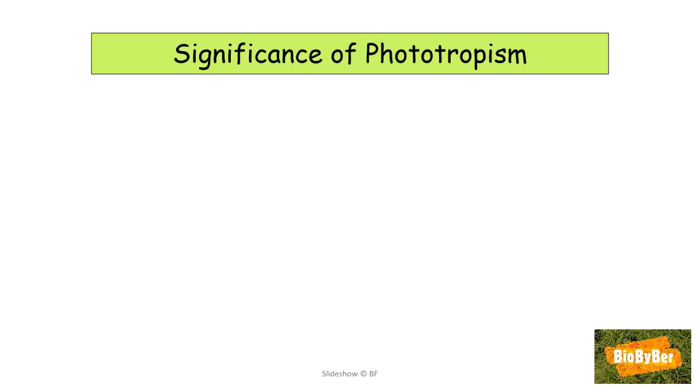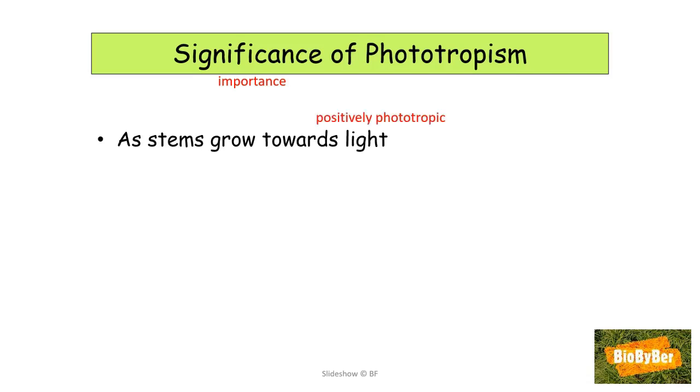Now, what is the significance of phototropism? In other words, we have to understand the importance of phototropism. Well, phototropism is important because stems grow towards light. As we've already said, they are positively phototropic.